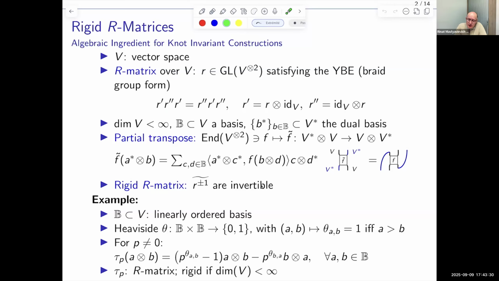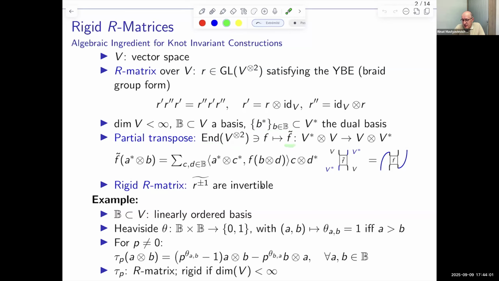Now, so far there were no restrictions on the dimension of V, but if V is finite dimensional, and if we choose a basis in V together with a dual basis in the dual vector space, then we can define what I call the partial transpose of any linear map from the tensor square of V to itself.